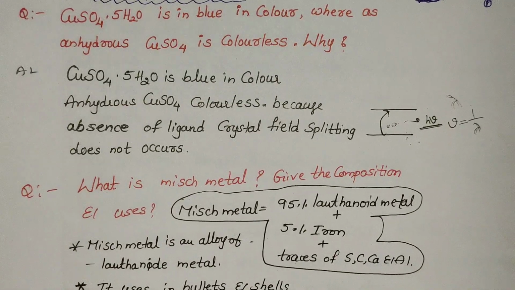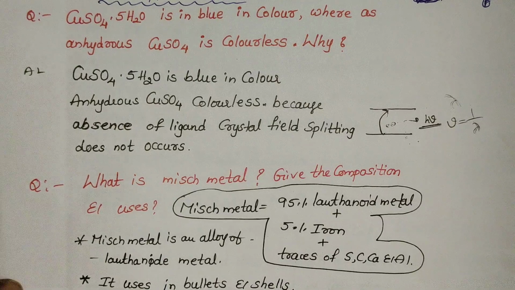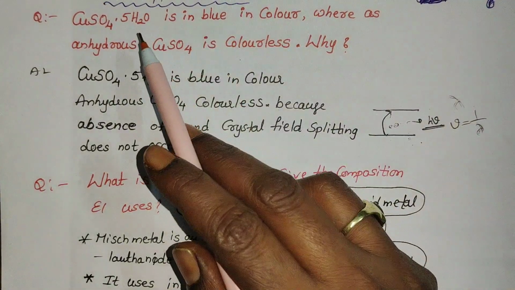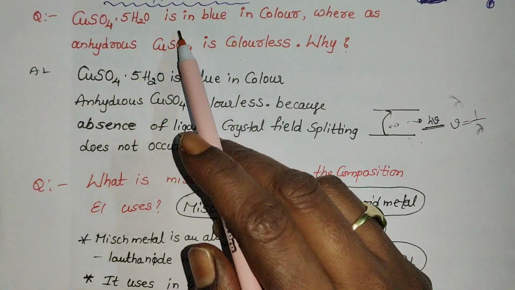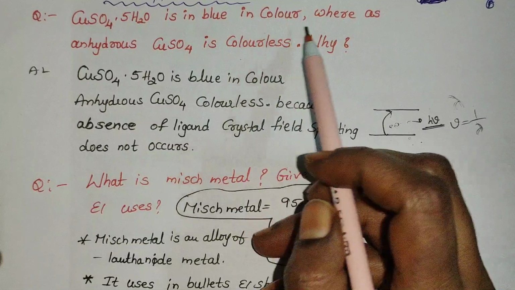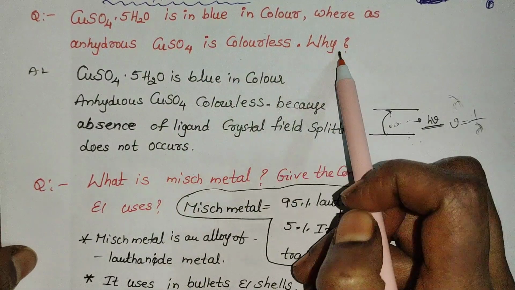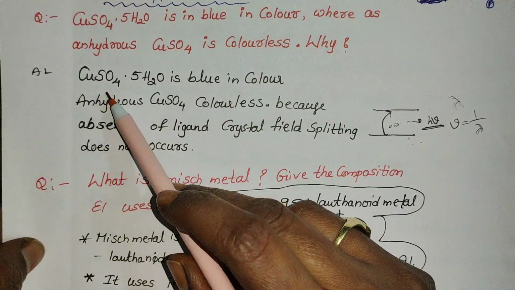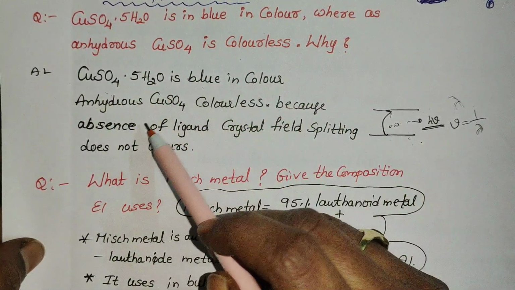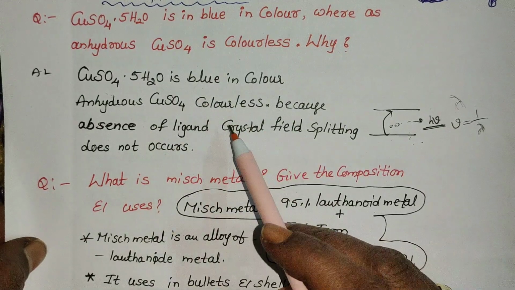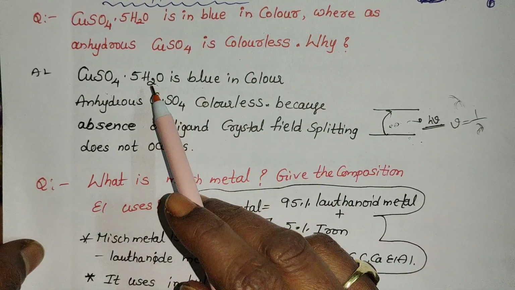Next question, copper sulfate with 5 moles of water is hydrated copper sulfate. Hydrated copper sulfate is blue in color, whereas anhydrous copper sulfate is colorless. Why? In hydrated copper sulfate, the main reason for the blue color is that water ligands are present.